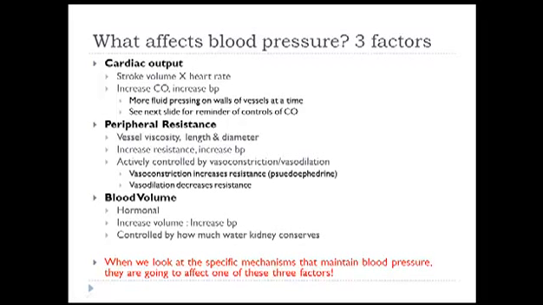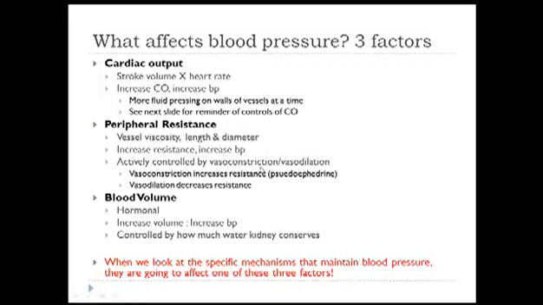So if we have vasoconstriction, vaso is in vasculature or blood vessel, and constriction, so we'll have vasoconstriction of that smooth muscle, so the diameter of the blood vessel would decrease. If we had vasodilation, the blood vessel diameter would increase.